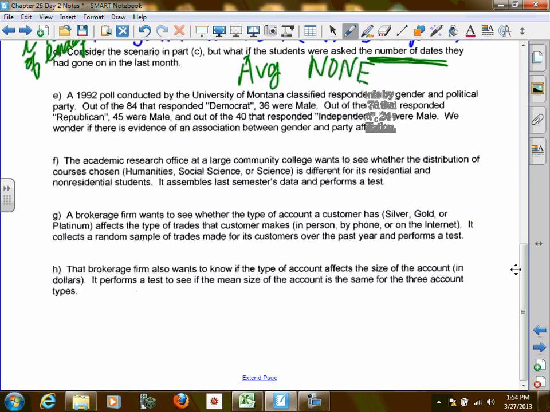All right. Next, 1992 poll, University of Montana classified respondents by gender and political party. So what are my variables? Gender and political party. What are the categories under gender? Male and female. What are the categories under party?